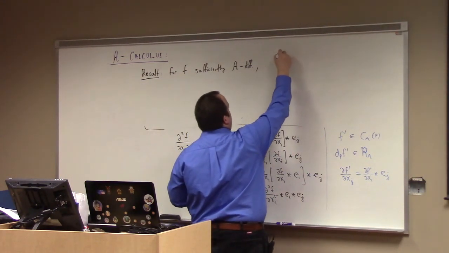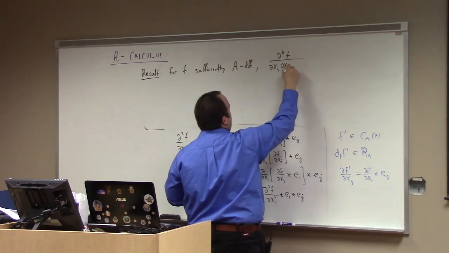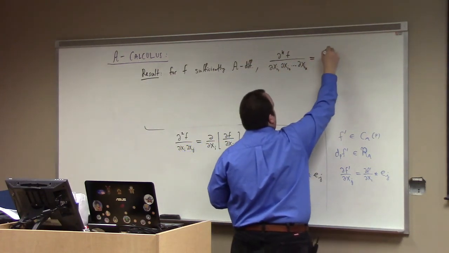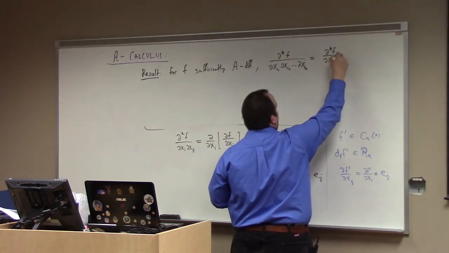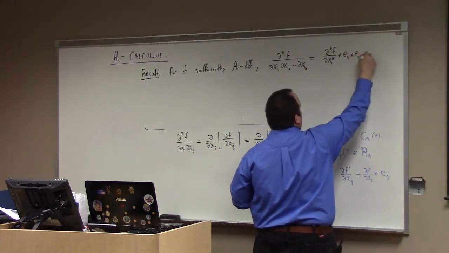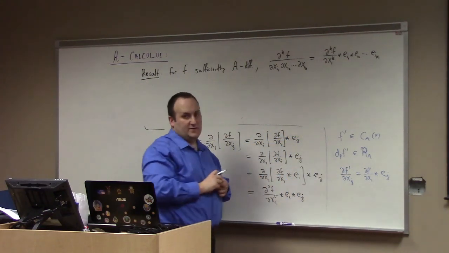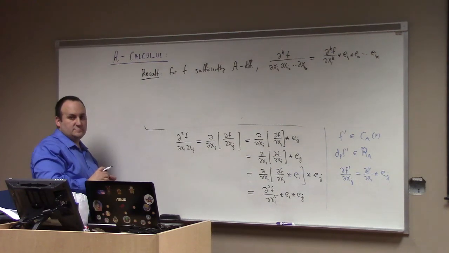The kth partial derivative of f with respect to xi1, xi2, through xik is nothing more than the kth derivative with respect to the first variable times ei1, ei2, through eik. So we can trade partial derivatives for algebra multiplications.